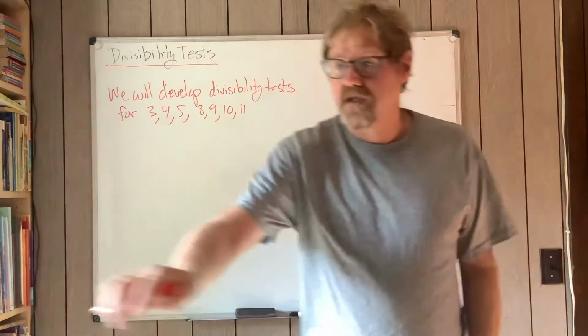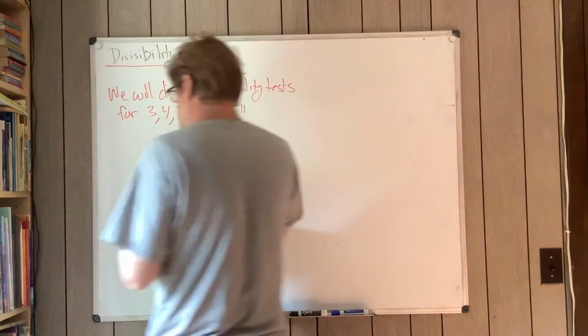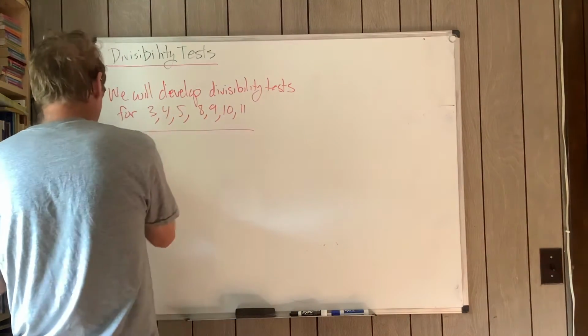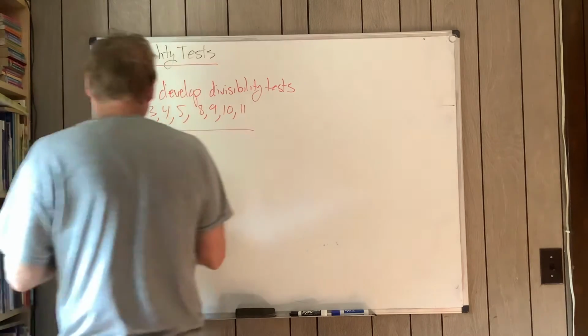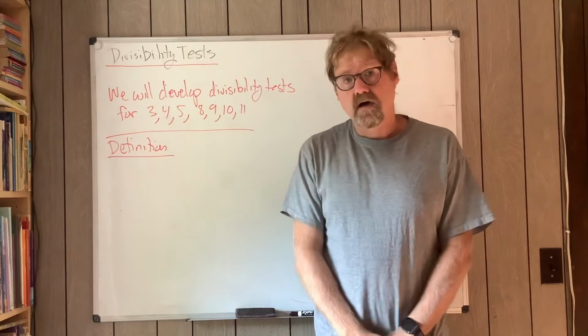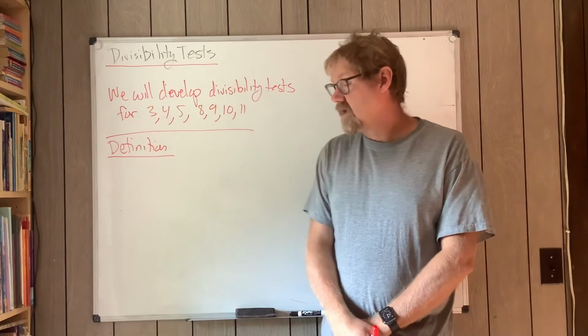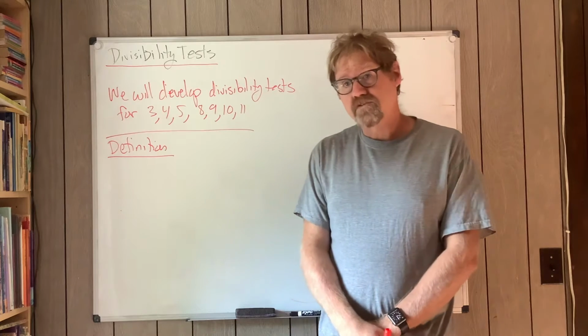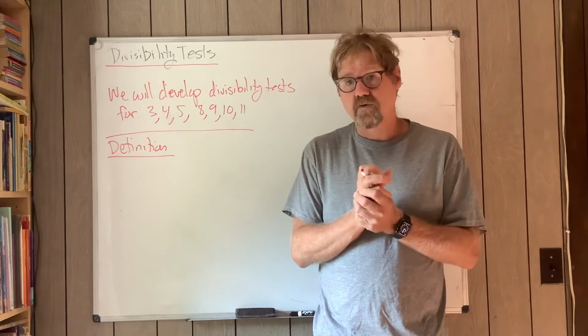Okay, so before we get to that, let's do a few little things. And this is a definition. Remember, in one of the previous videos in this group, it's really important to define what we mean by things.